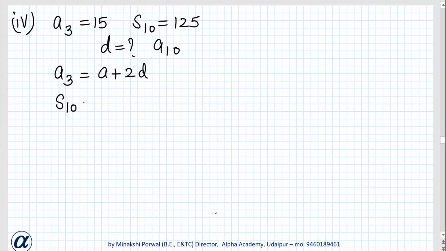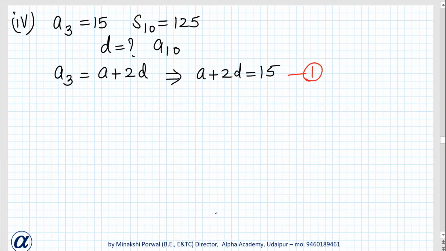S10 is equal to 10 by 2 into 2A plus 10 minus 1, that is 9, D. I'll write the formula, then it will be easier for you to follow what I'm doing. So A3 is 15, so A plus 2D equals 15.